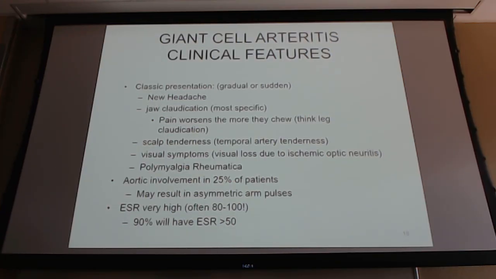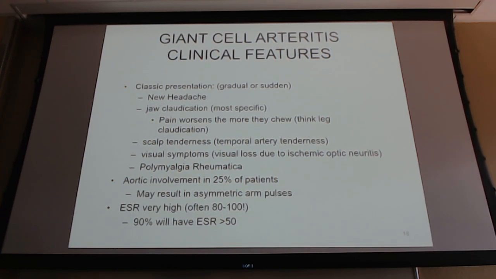They have that scalp tenderness, which we just talked about. You're going to be trying to feel for that temporal artery, then you could feel that on that scalp. Visual symptoms, okay? Is this a patient having some blindness? Are they having some difficulty seeing out of one of their eyes?